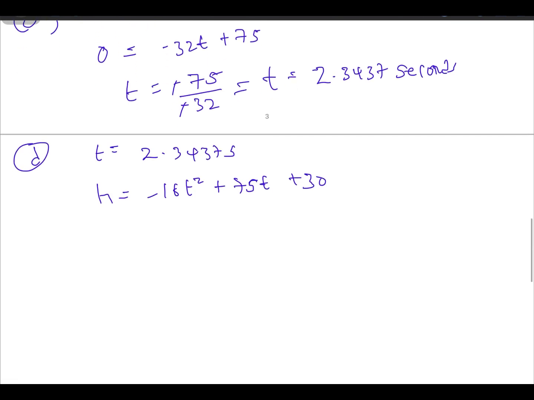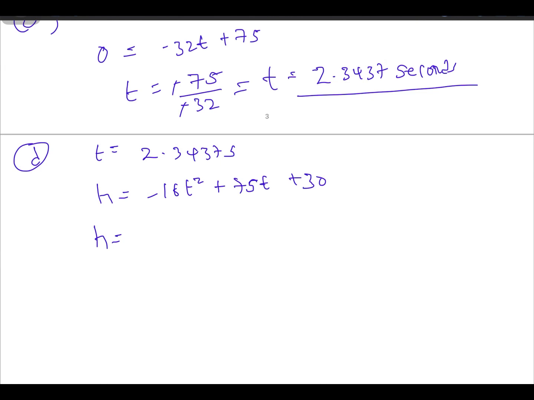So how high did the ball reach at the highest point? Therefore you substitute the value of this t into the function h, and whatever you get will be the maximum height that the ball reached.